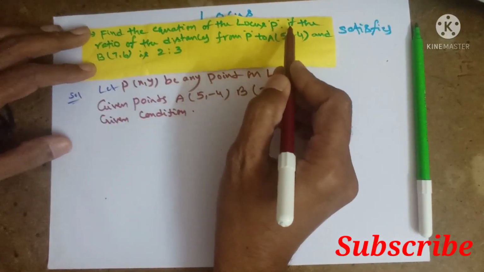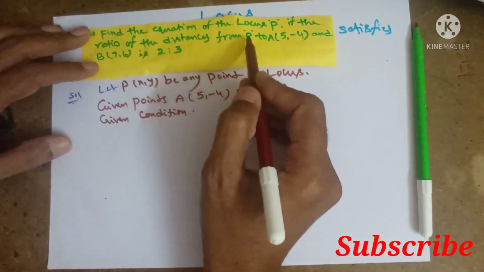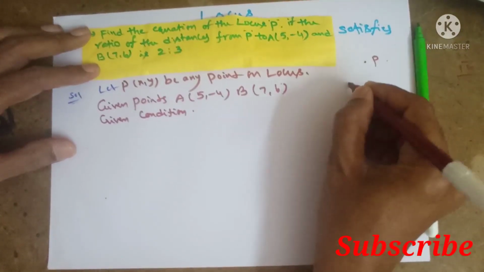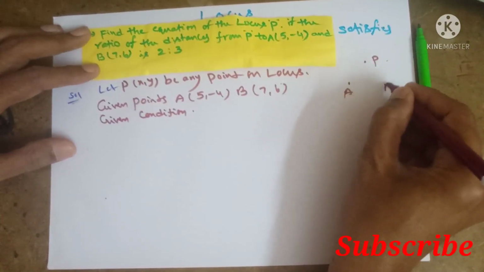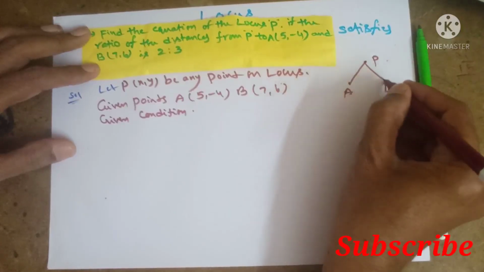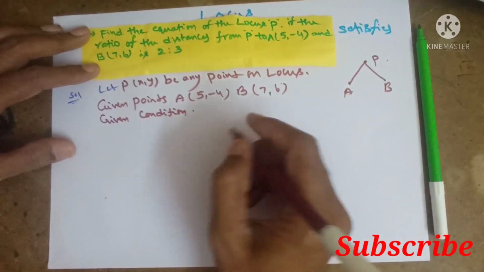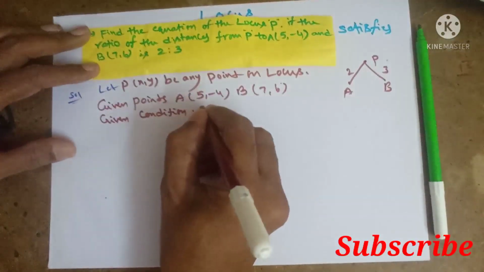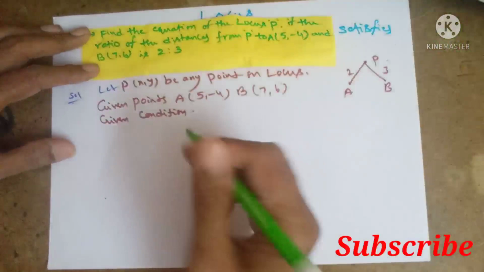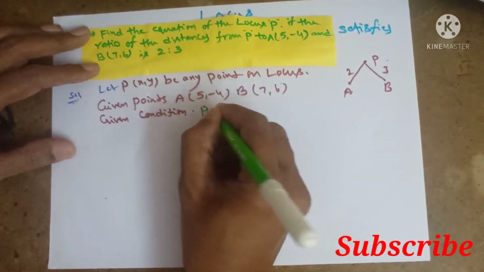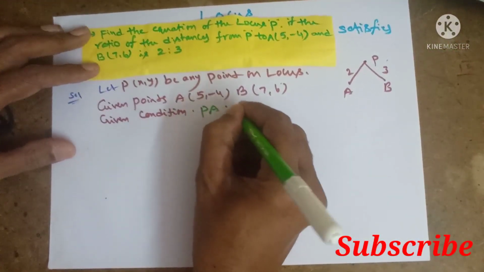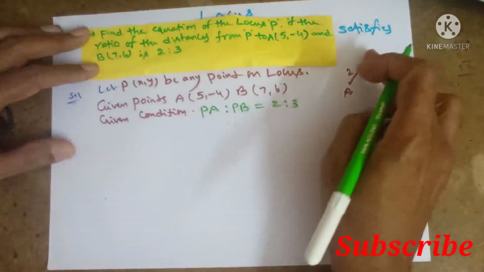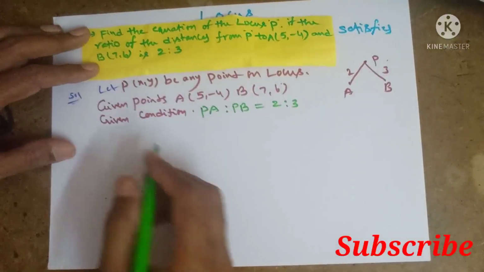Equation of locus of P if the ratio of the distances from P to A and B. So this is P, this is A and this is B. PA, PB distances ratio, it is given 2:3. So given condition is PA is to PB is equal to 2:3.